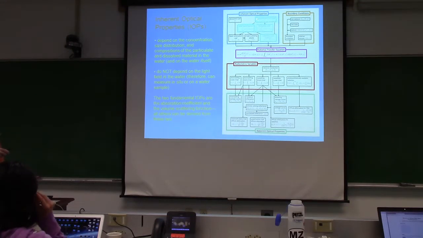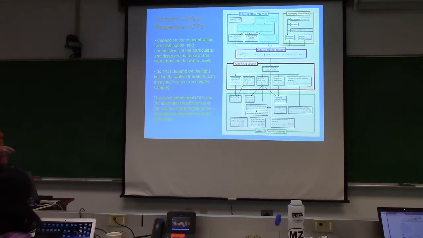You'll notice up at the top there's this thing called the volume scattering function, and if you know it, then everything below that is derivable, and if you know absorption, then that all ends up giving you everything you need to know about the optical properties of the medium, the absorption coefficient and the volume scattering function. Those things are going to feed down to all these other things that we're interested in.